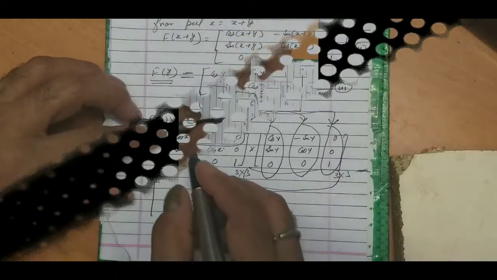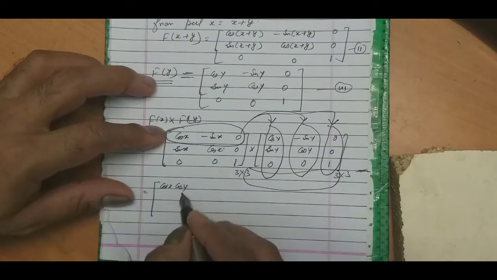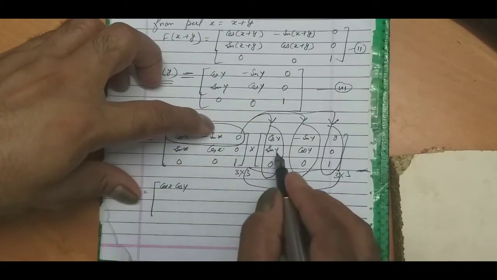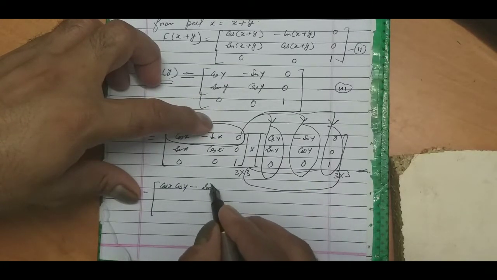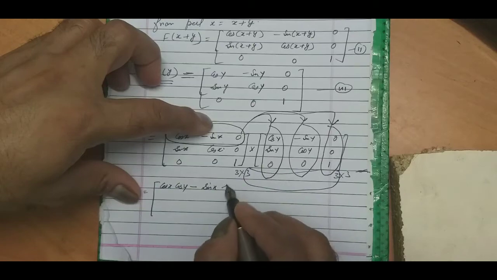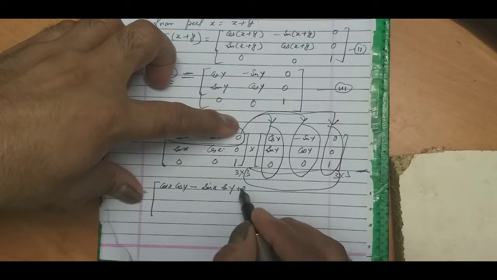So now we multiply cos x into cos y, next element minus sin x into sin y, 0 into 0 plus 0.